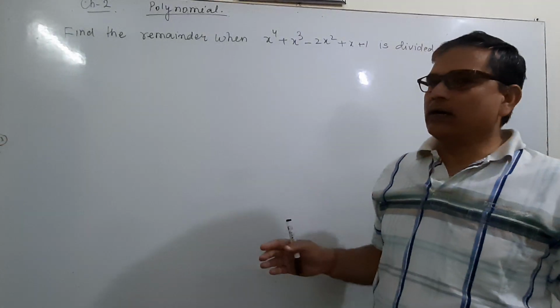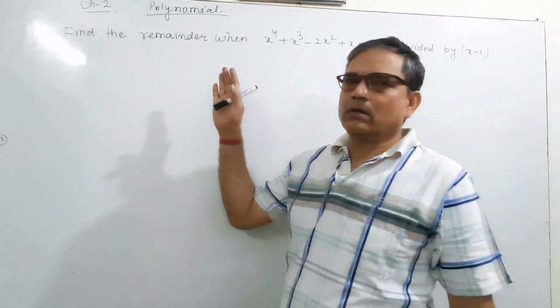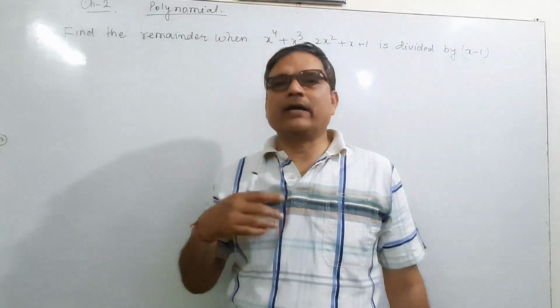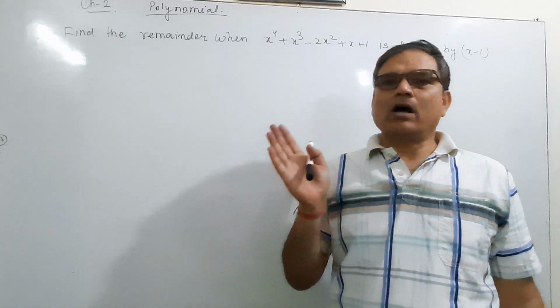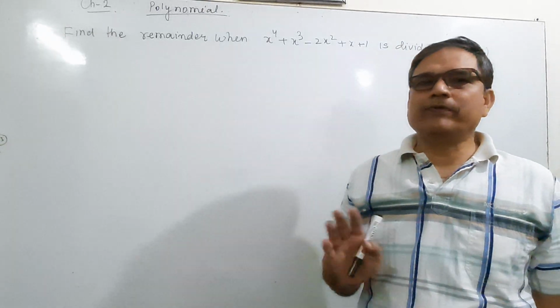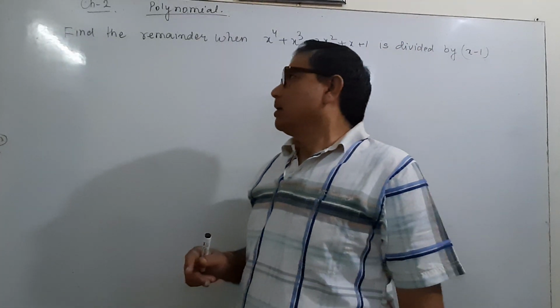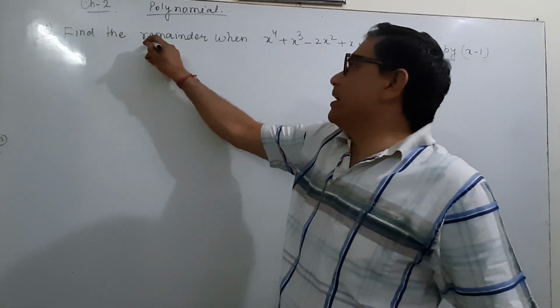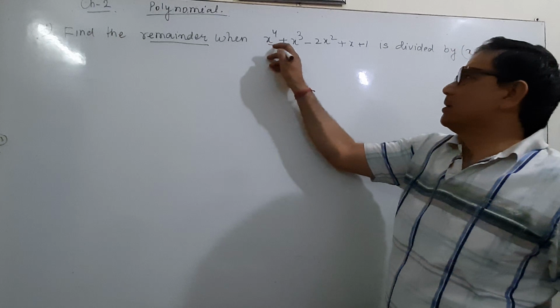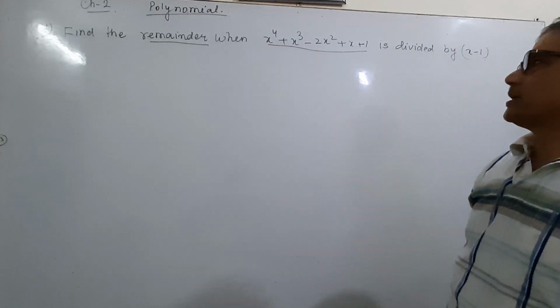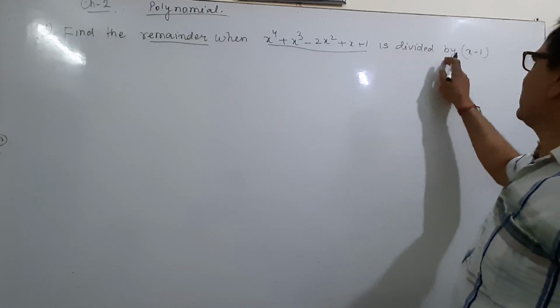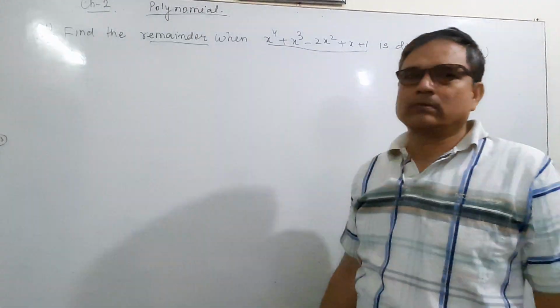And I will explain this equation by the remainder theorem or by the long division method, which was already explained to you in the previous class. First, find the remainder when x to the power 4 plus x cube minus 2x square plus x plus 1 is divided by x minus 1.